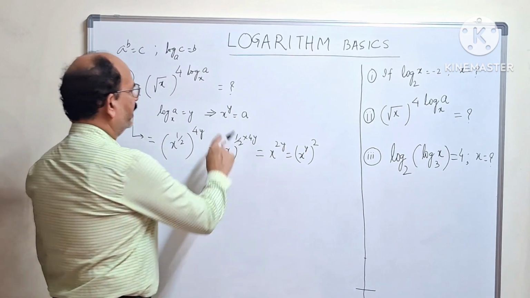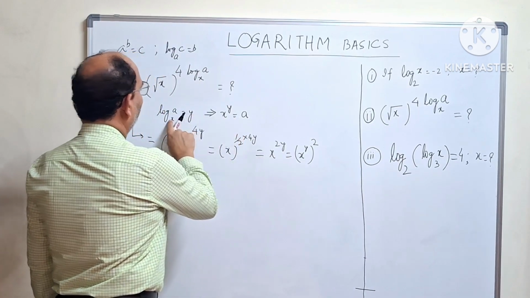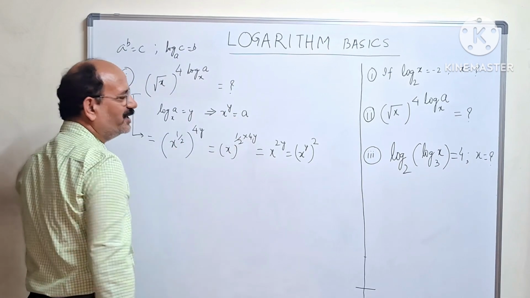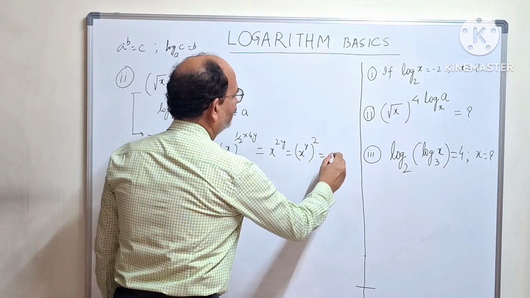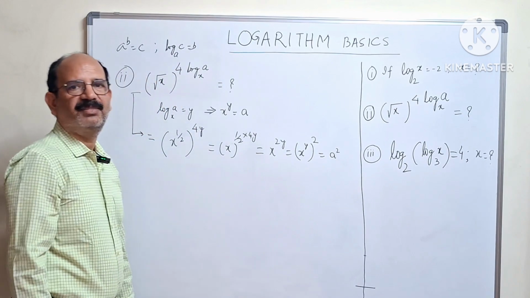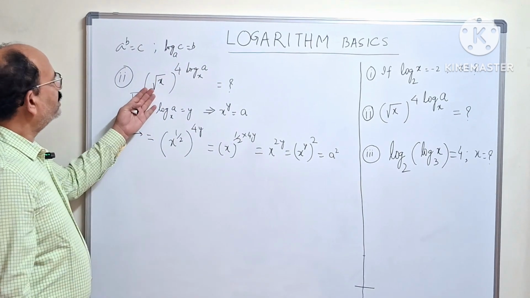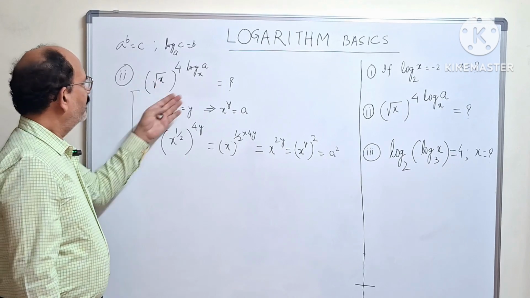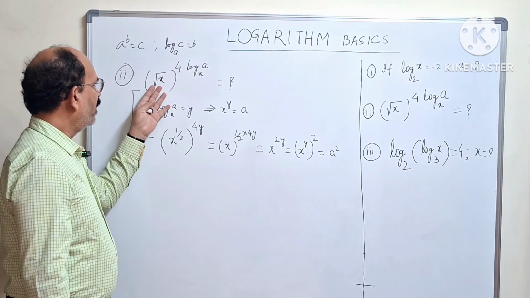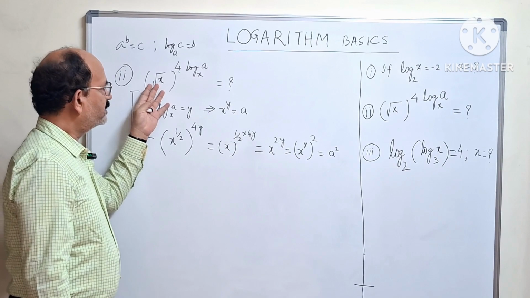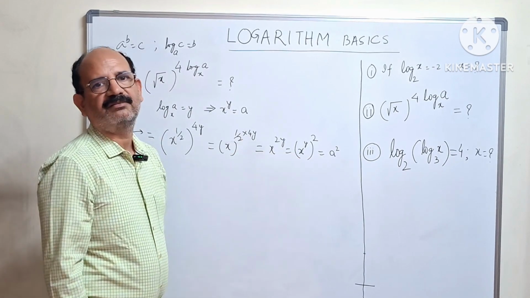Now we know that x to the power y with this log relationship is equal to a. So therefore it is a square. Very simple. The complex looking problem turns out to be very simple, a square.